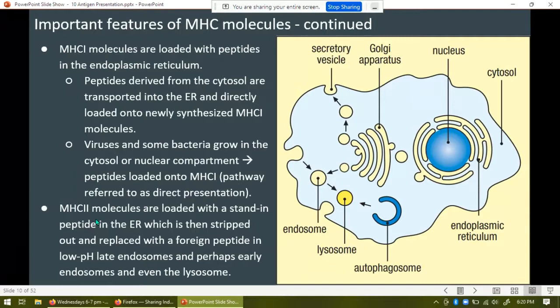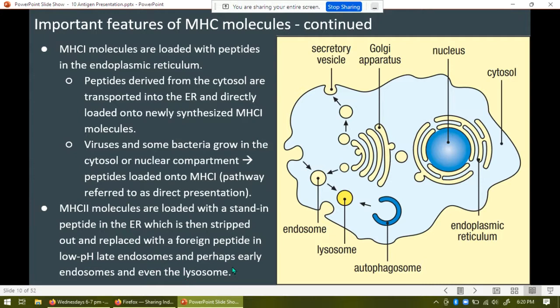MHC2 molecules, on the other hand, are loaded with a stand-in peptide in the ER, and that stand-in peptide is stripped out and replaced with a foreign peptide in the late endosome in a low pH environment. And recent research suggests that the loading of MHC2 perhaps also happens in early endosomes and maybe even the lysosome, and maybe even to a greater extent than we realize.